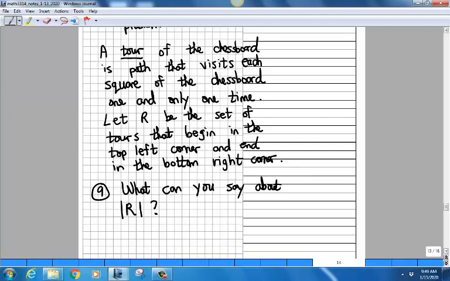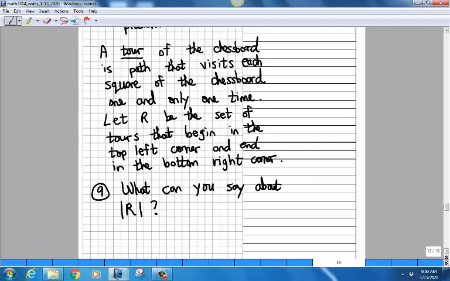Oh, by the way, you can't visit a square twice, so you can't retrace your steps in a tour. So we want a tour from the top left to the bottom right. Let's consider just tours like that.